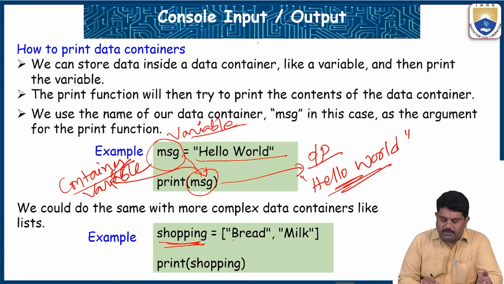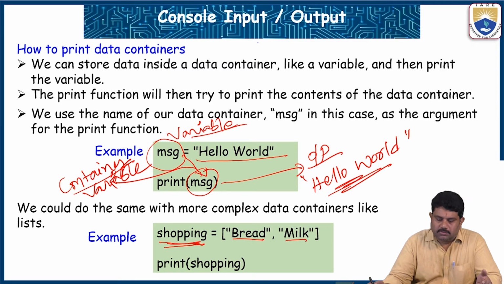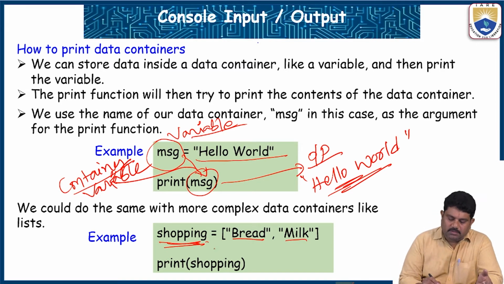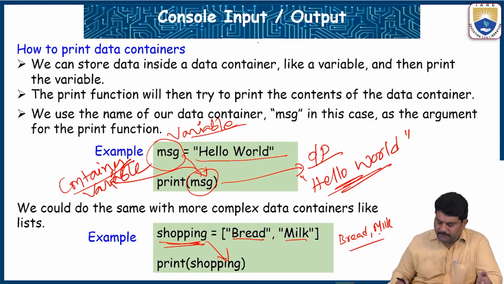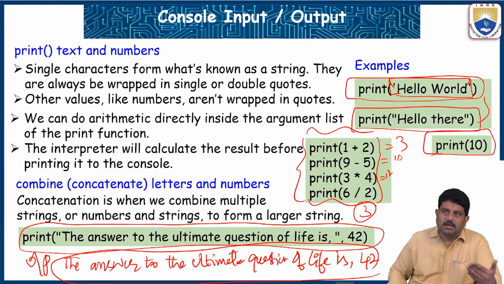This is a list of values which includes bread and milk, two values are there. Now I can pass this shopping as a parameter to the print function. Now it prints bread and milk, like this. So this is how you can use the print function for complex objects or complex containers or variables like this, or simple direct values like this.